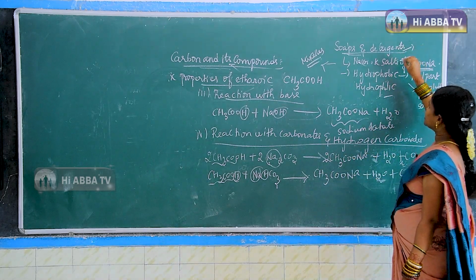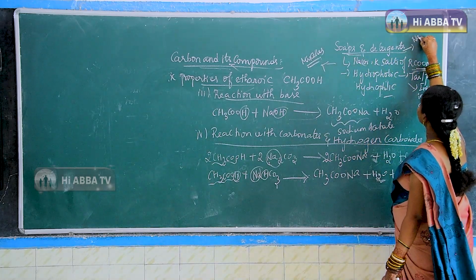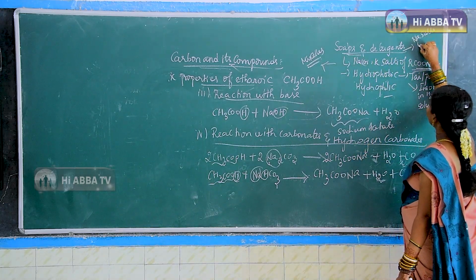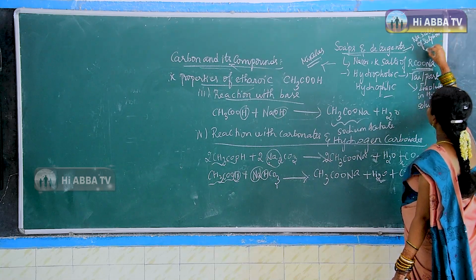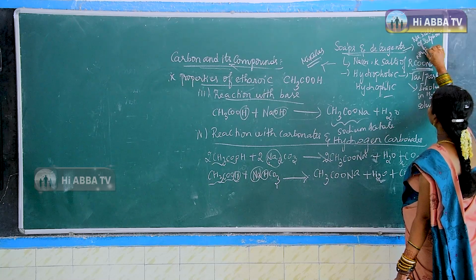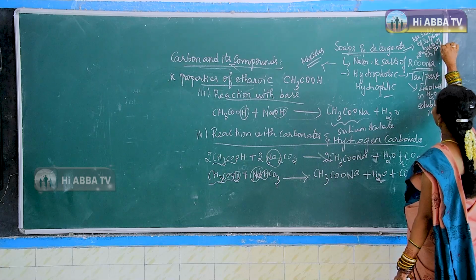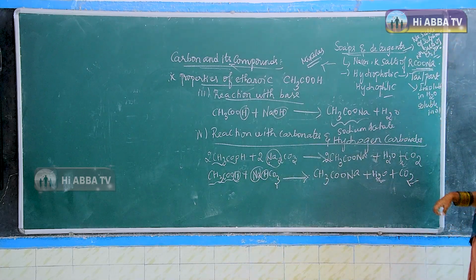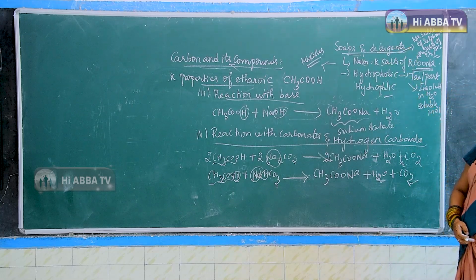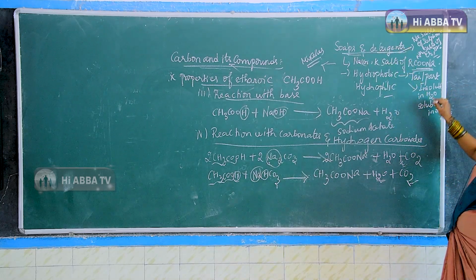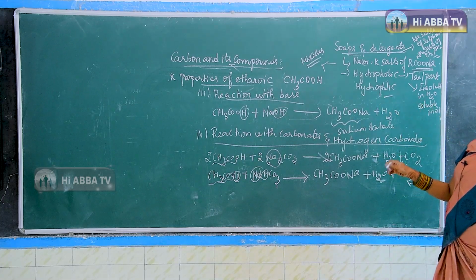And detergents consist of sodium salts of sulfonic acid or ammonium salts of chlorides, bromides, etc. This detergent is used in preparing shampoos and as a cleansing agent.